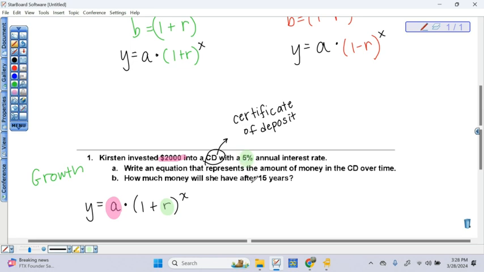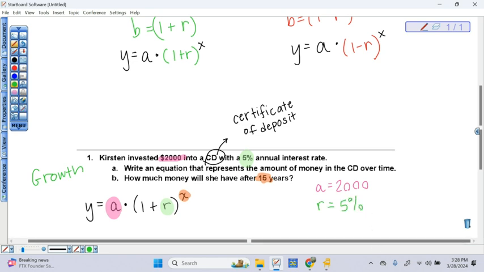Yeah, and we'll talk more about that in a second. And then what's the time period we're looking at? 15 years. Good. Okay, so again, my starting amount is 2,000. My growth rate is 5%.